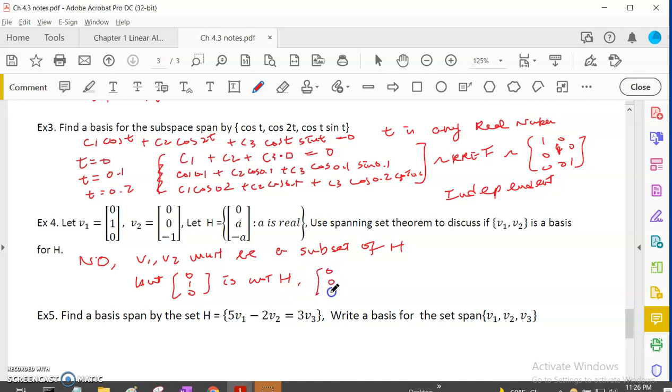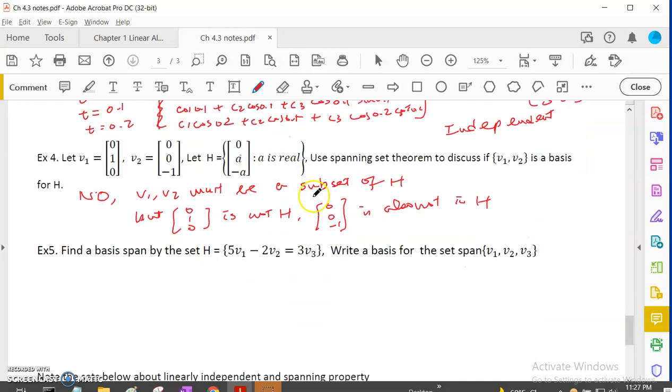And also 0, 0, 0, 1 is not in H. So you cannot use this to span a set like that. So that would be another basis. I would say the basis will be 0, 1, negative 1, right? So this would span H.